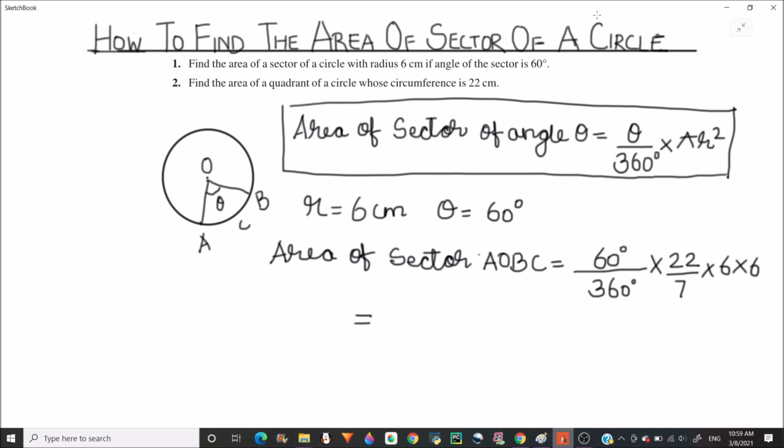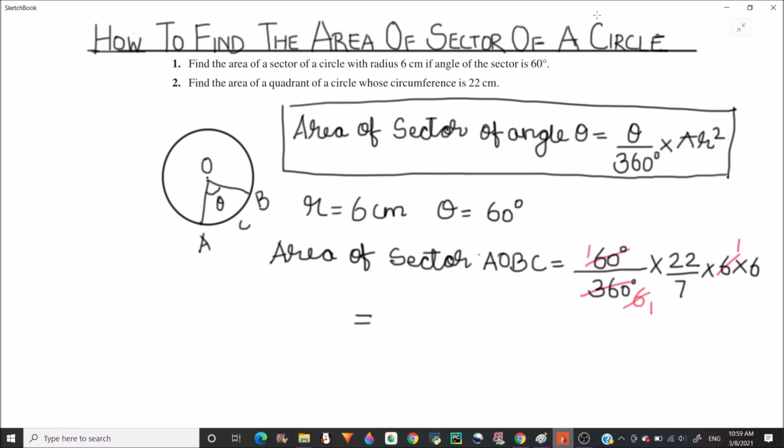So we can cancel out this 60 degree by 360 degree. So this is 1 and this is 6. 6 times 6 is 36, and this 6 gets cancelled again, 6 times 1 and 6 times 1. So this 6 gets cancelled with the 6 in the numerator.